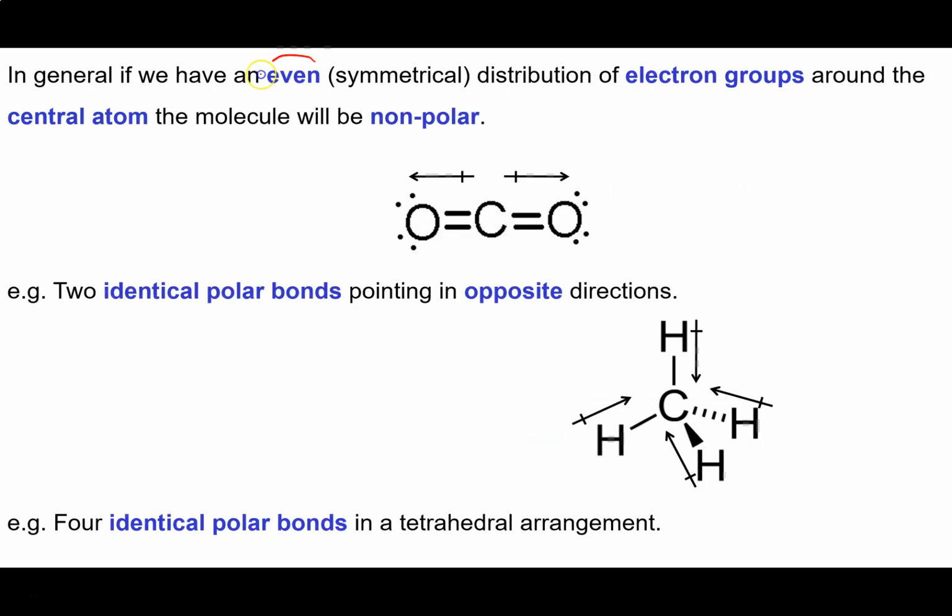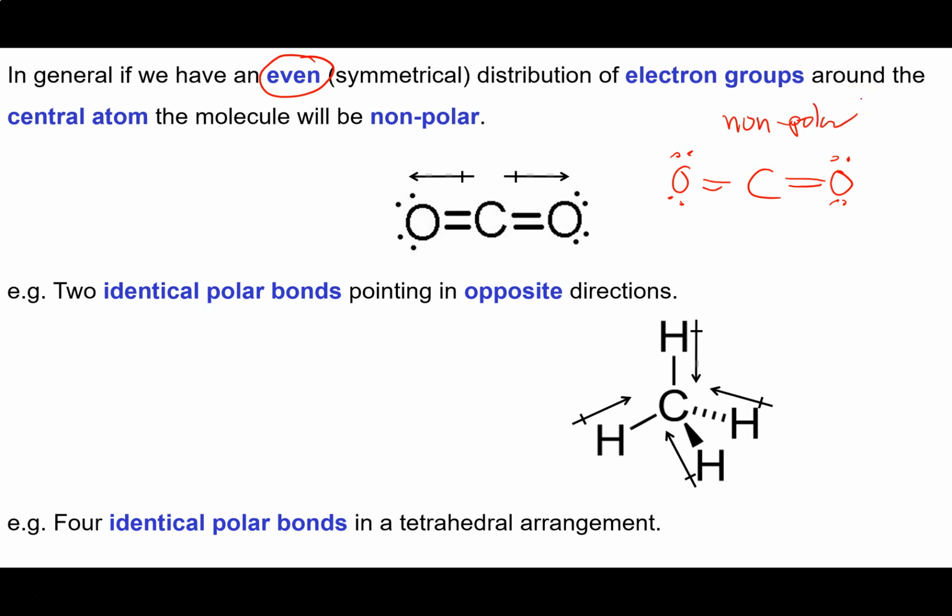So in general, if we have an even distribution of electron groups around our central atom, the molecule will be non-polar. And the example that I gave before of carbon dioxide illustrates this nicely. This central carbon atom has two identical things attached to it. It's completely symmetrical about that carbon atom, and as a result, it's going to be non-polar.